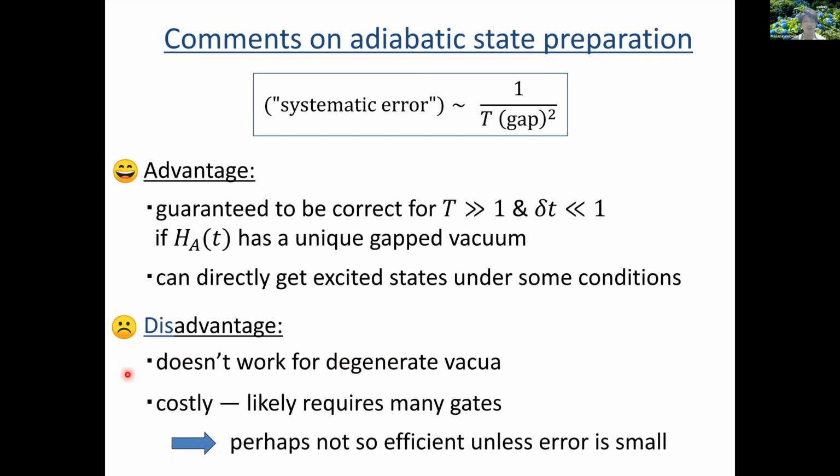First, if we do not satisfy the assumption of the adiabatic theorem, we cannot use this algorithm. So it does not work when the vacuum is degenerate. Also, this algorithm is known to be costly, meaning that it requires many gates. So this implies that adiabatic state preparation is perhaps not so efficient unless the error is negligible.